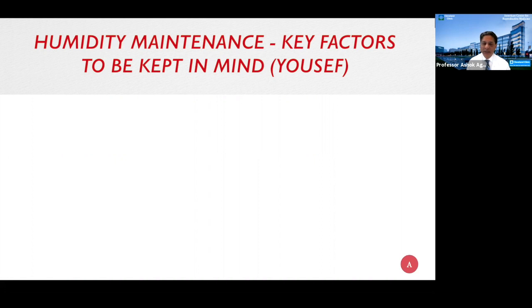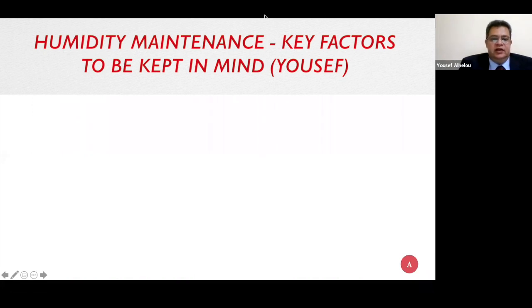Humidity is an important factor in air quality, and it should be comfortable, like a relative humidity of 40 to 60%. Here in the Middle East, in Abu Dhabi, where I work, humidity reaches 100% in the summer at night.